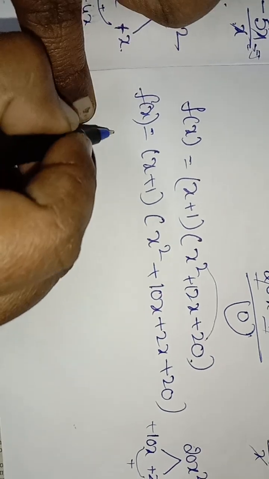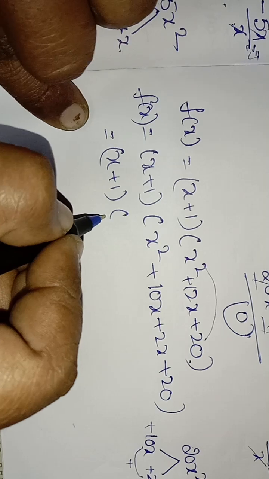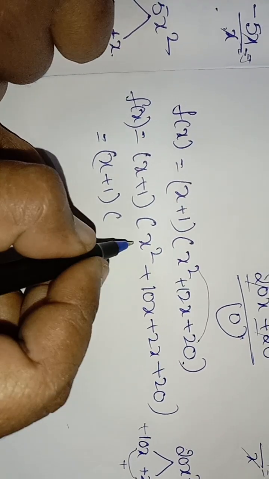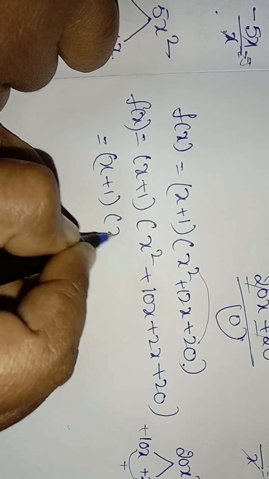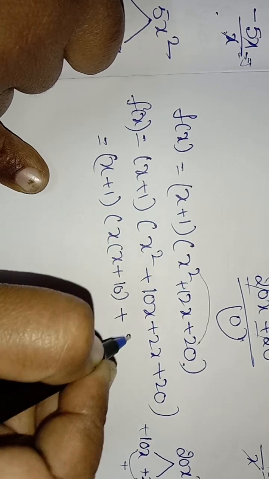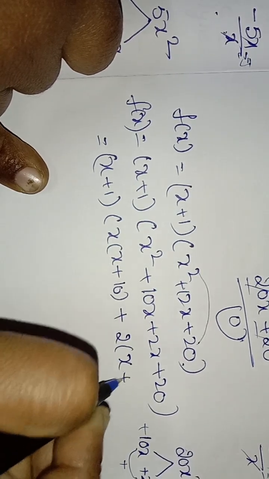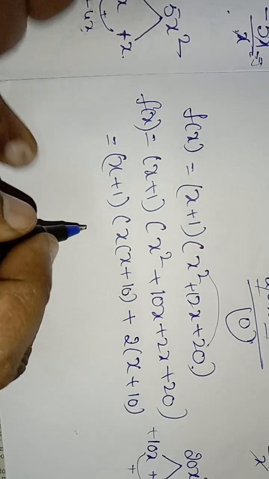So next, x plus 1. From these two terms, I am taking common x only, x into x plus 10. Again here 2 common, 2x plus 10. 2 into x, 2x, 2 into 10, 20. Right?